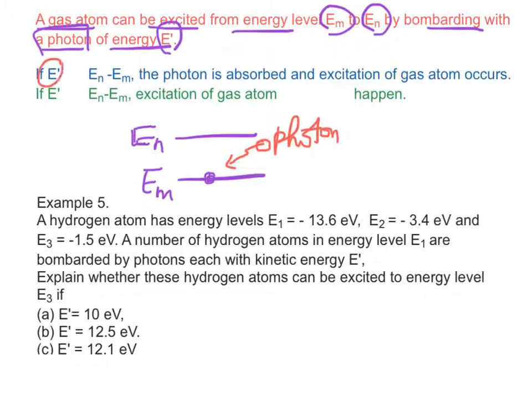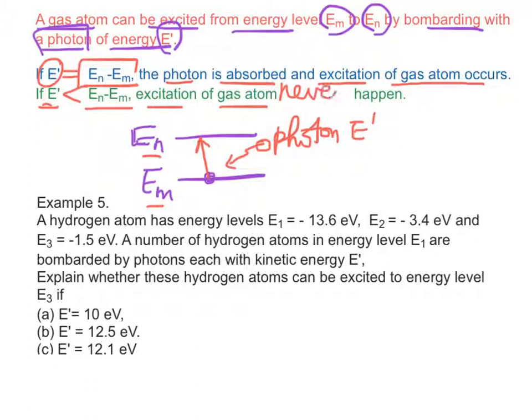If the energy of the photon E pi is equal to the energy level difference En minus Em, the photon is absorbed by the atom and excitation of gas atoms occurs. However, if the energy of the photon E pi is smaller than the difference of energy levels En minus Em, excitation of gas atoms will never occur.